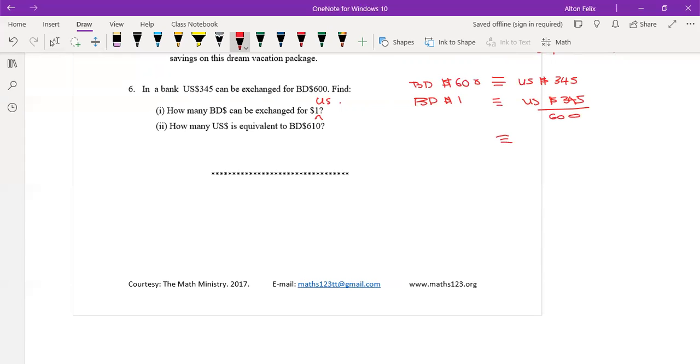Let's see what that rate is. $345 divided by 600 is 0.575. Since we're dealing with money, let's keep the 3 decimal places.